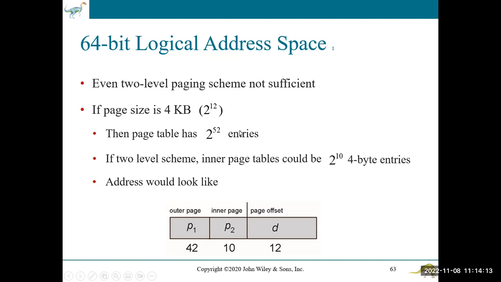If you get out your calculator, turn it to scientific mode and do y to the x as a function, right? To calculate how many page table entries there are. That is a crazy number, so two-level paging schemes aren't sufficient.